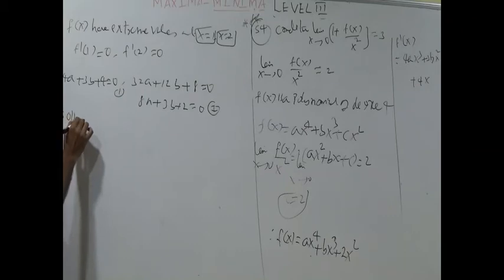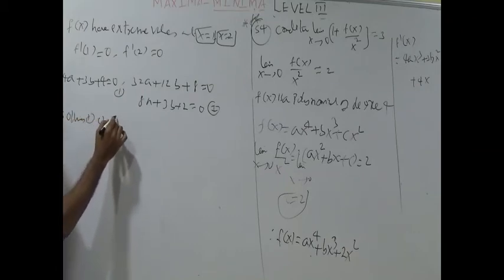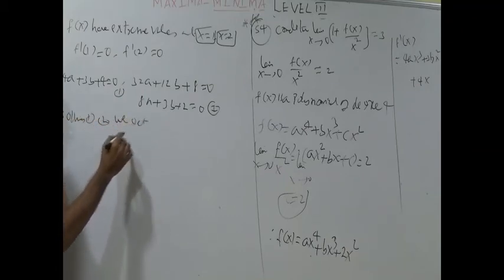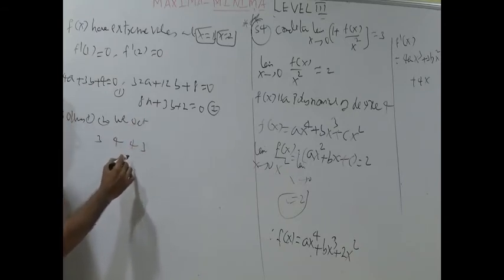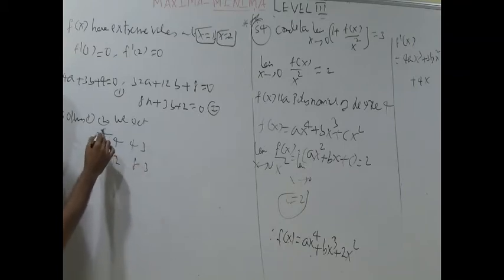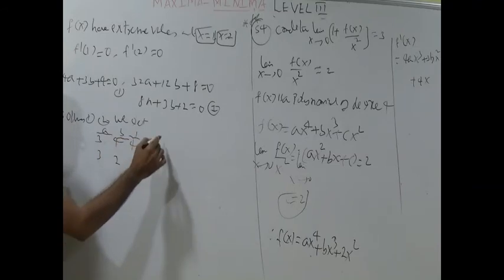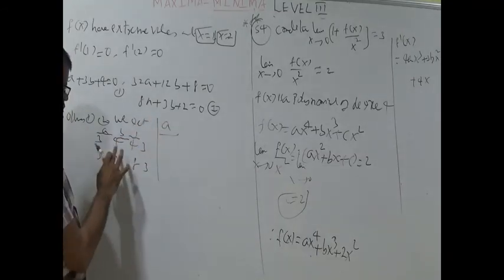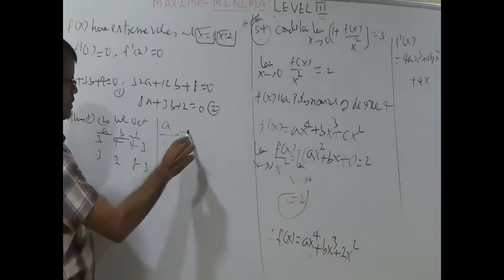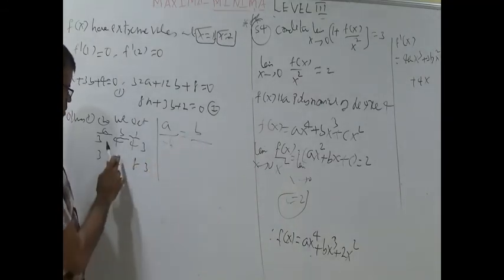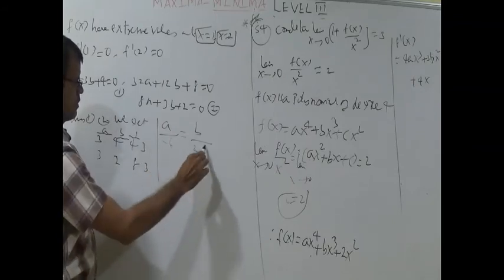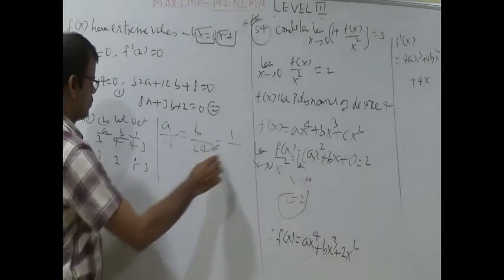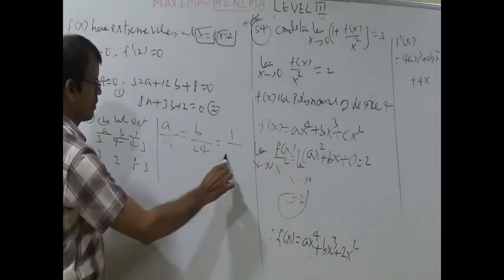Solving 1 and 2 by the old method, I am writing the coefficients: 4, 3, 4 and 8, 3, 2, for a, b and 1. a by (3 twos are 6 minus 3 fours are 12), so minus 6. a by minus 6 is equal to b by (32 minus 8, 24), which is 1 by 12 minus 24, minus 12.